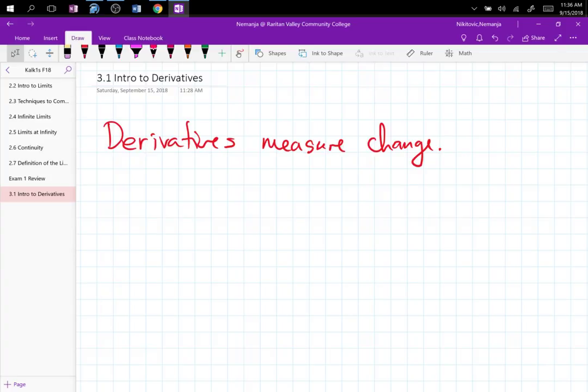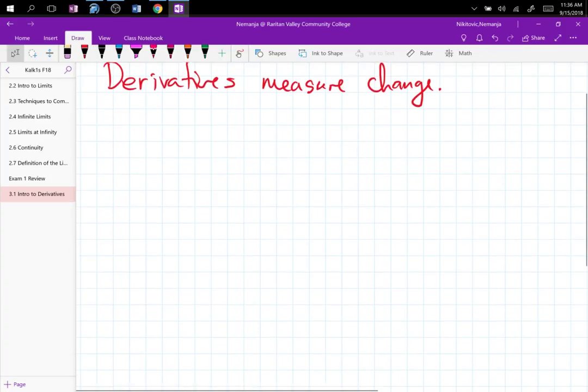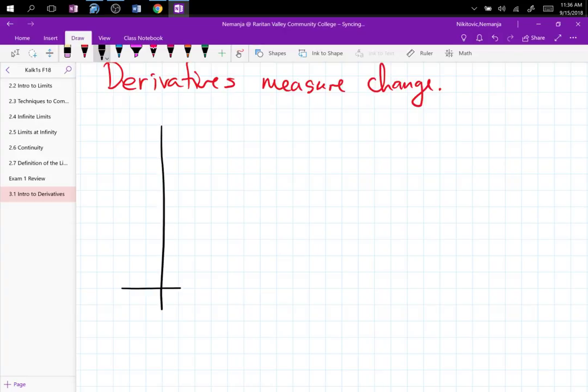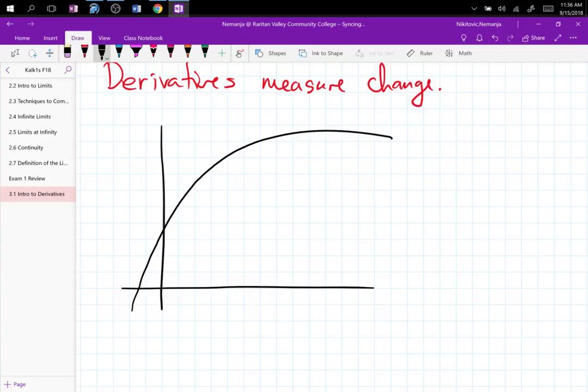And then we upgrade that to the concept that we need in 3.1, opening the door to calculus. So here we go. We have some kind of a function. We call that f of x on the xy axis.